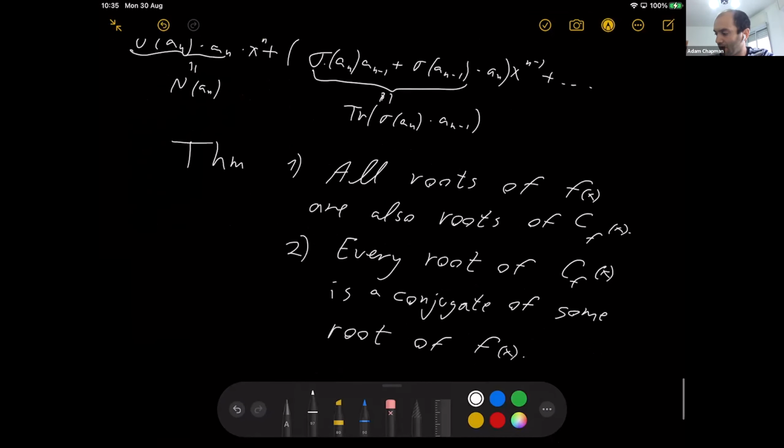On the other hand, if you take an element from cfx, you can find some friend of it, who is a root of the original polynomial. So that's the main thing.